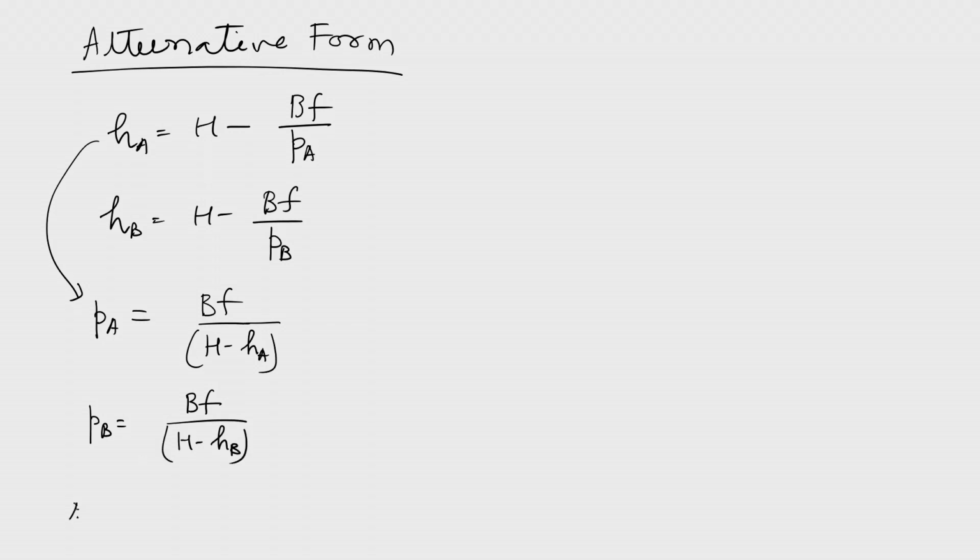So, let us calculate the delta P. It is nothing but PB minus PA, which I can say here is B into F upon H minus HB minus B into F upon H minus HA. Okay.